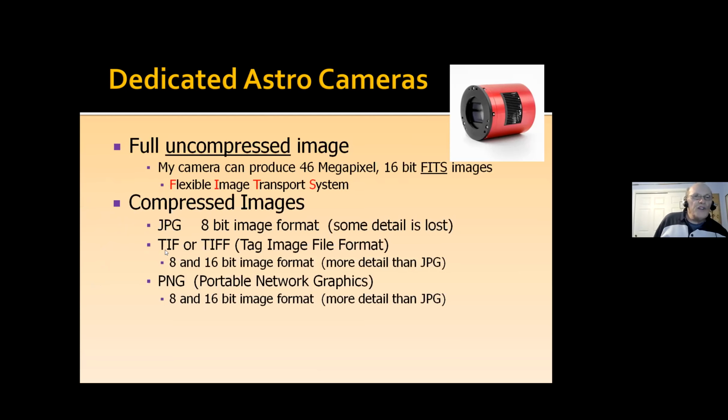One is called a TIFF image, TIF or TIFF, Tagged Image File Format, and it can be in 8 or 16 bits. Another one is called PNG, Portable Network Graphics. This wasn't created by the astronomy industry. This was done by graphic artists and professional photographers. And there is a difference between the two.